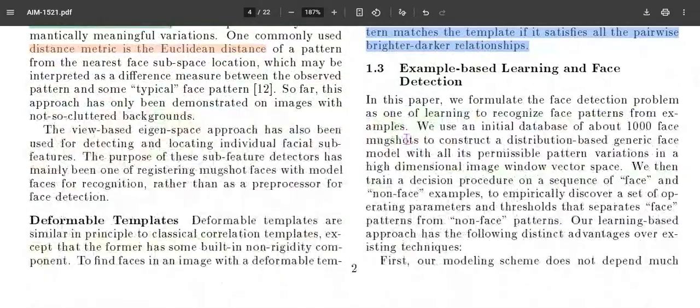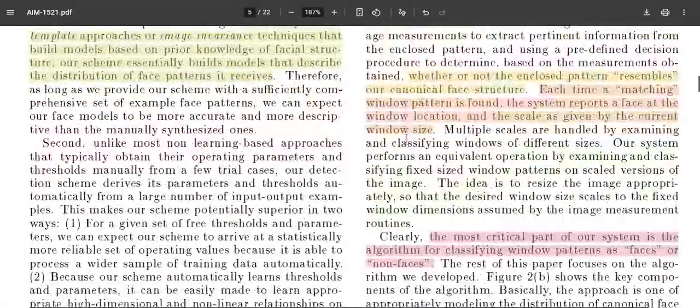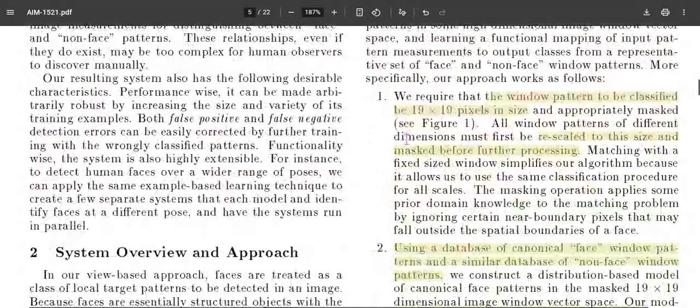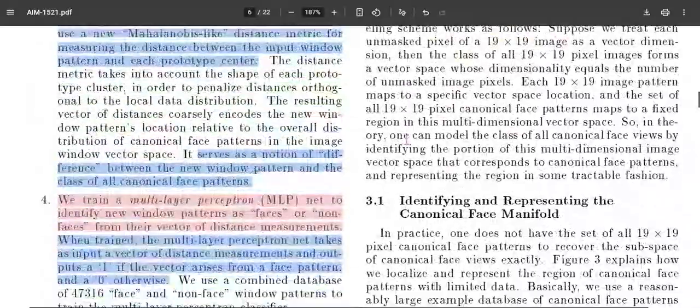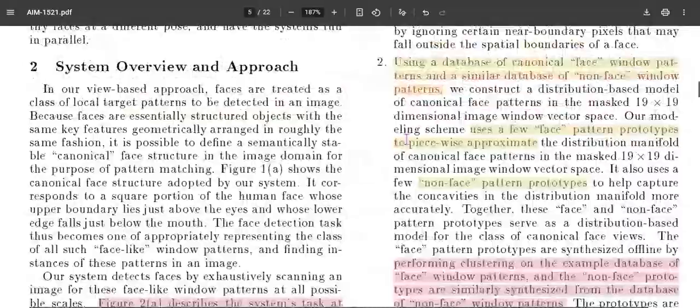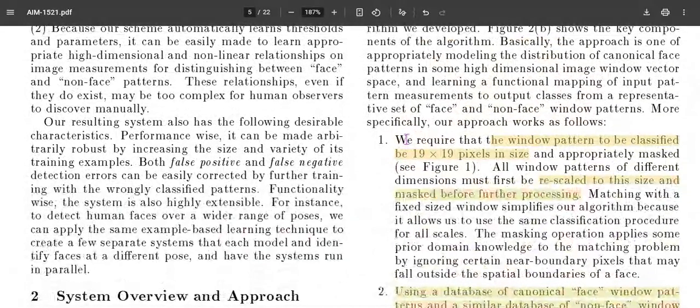This paper is based on these techniques, but with some additional things embedded, and the algorithm can be described in four steps. The first step is to take a 19 by 19 pixel window pattern from the image.